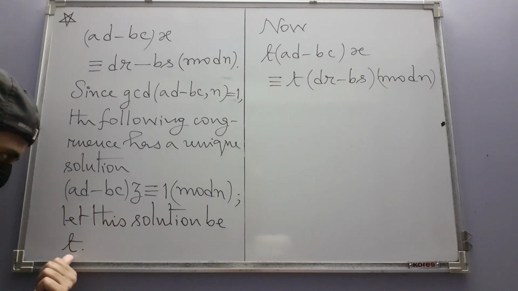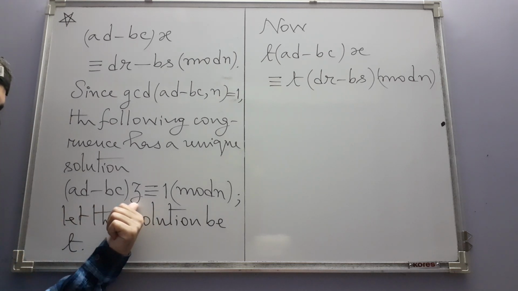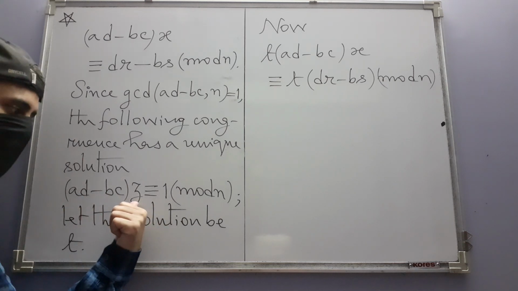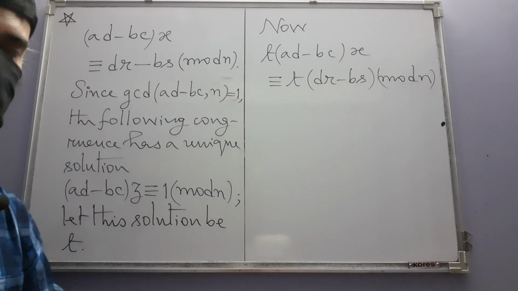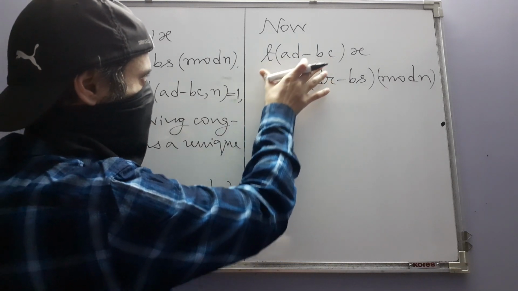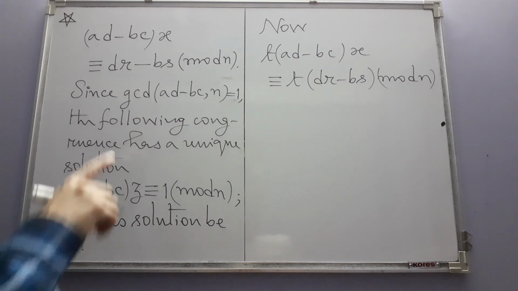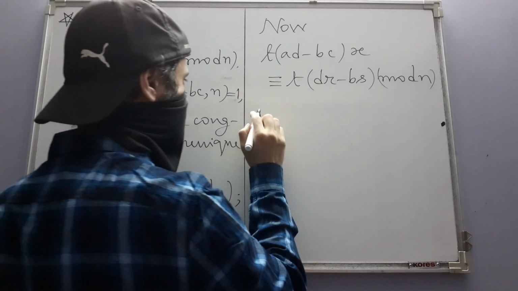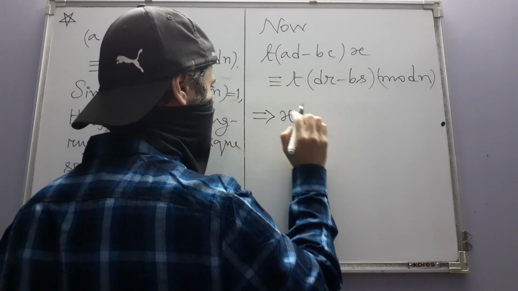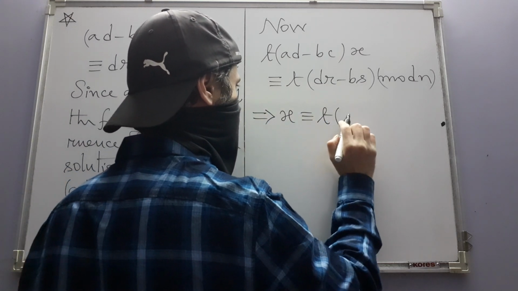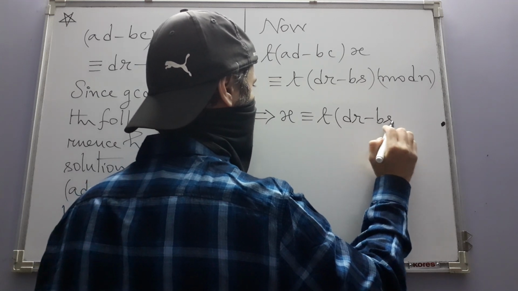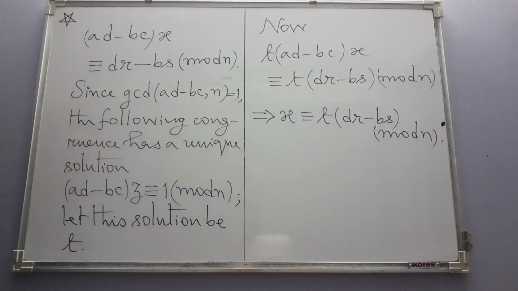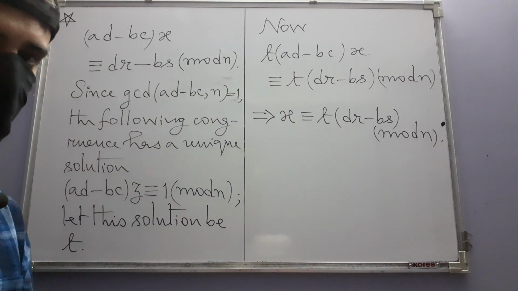Now, because t is a solution to this congruence, AD minus BC times t is congruent to 1 mod n, and that's why this can be replaced by 1, which means that the left hand side of the congruence will be x. Minus BS mod n. So you see that you have found x actually.